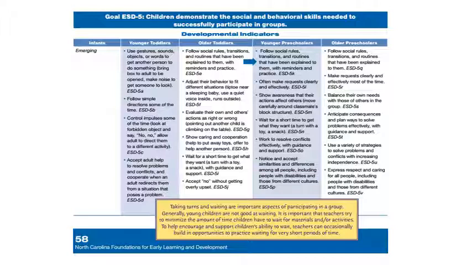So if you are asked to identify a developmental indicator, you will need to go further into the Foundations booklet and find the domain, and each specific goal in every domain, you will be able to find a page related to that goal that lists the developmental indicators for all age levels for the Foundations booklet.